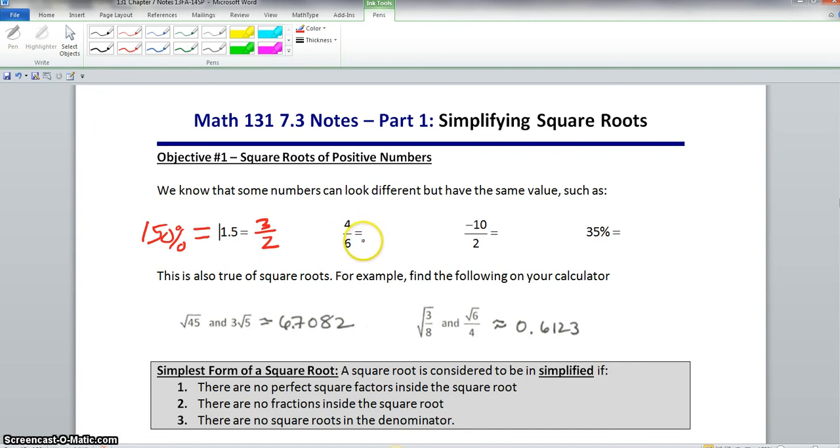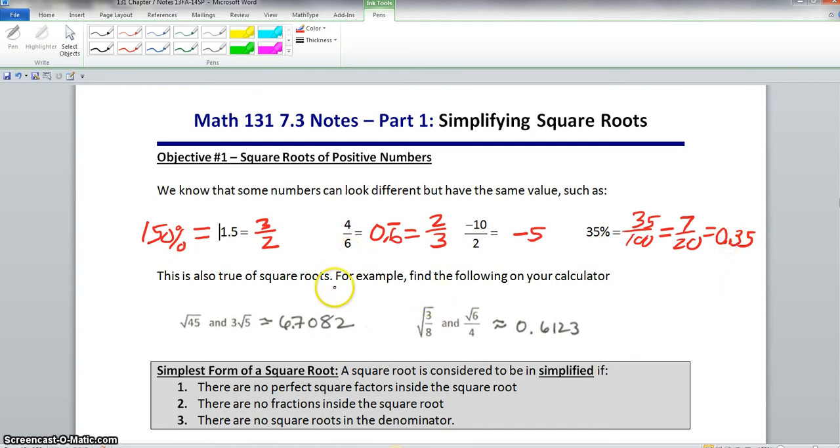If we rewrite 4/6 as a decimal, it'll be 0.6 with the repeat on the 6, or it is equal to 2/3, because we can simplify that 4/6. Negative 10 over 2 is negative 5. 35% is 35 over 100, or it could equal 7 over 20, or equal 0.35.